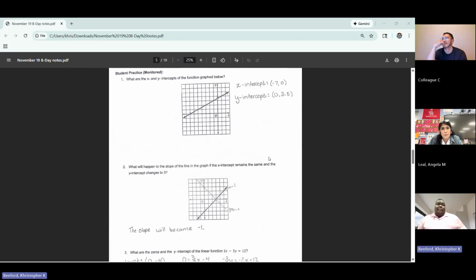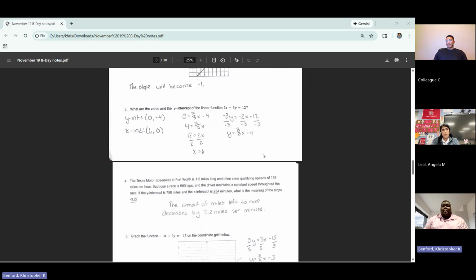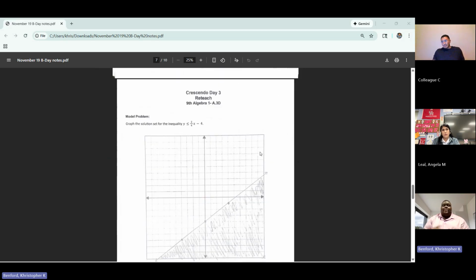So it also builds off of day three. Again, I'll model a problem, they'll practice, they'll have an exit ticket, and then we'll move on to the third lesson if there's enough time, because our classes are 90-minute blocks. So they'll be able to have a 30-minute quiz, 30-minute quiz, 30-minute quiz, things like that.